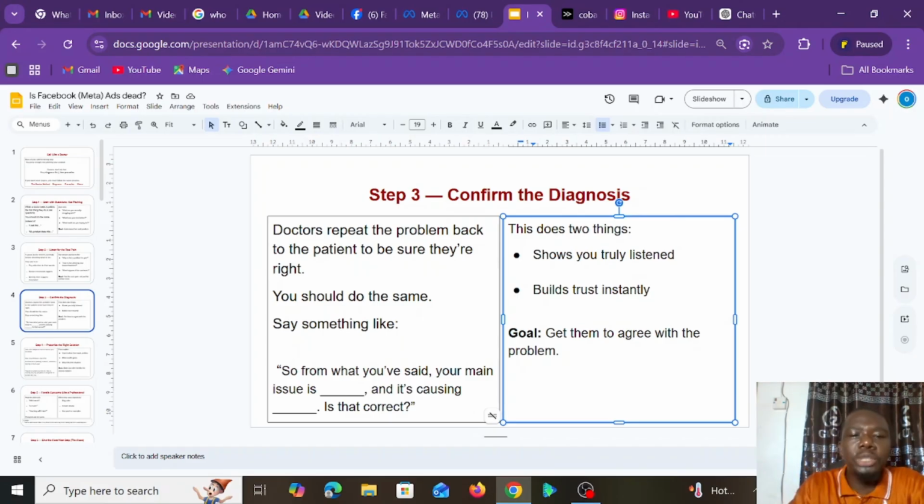So the reason why you need to repeat the problem to them is, number one, so they can agree with the problem. Number two, to show them that you actually listened to them well. And because you listened to them well, you can provide the right solution for them. And that's what a doctor does.